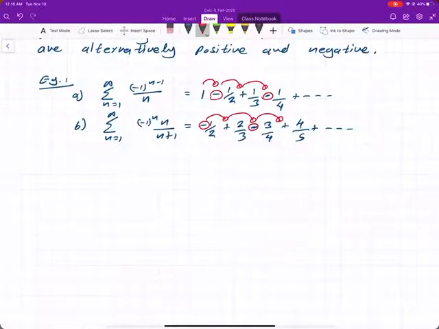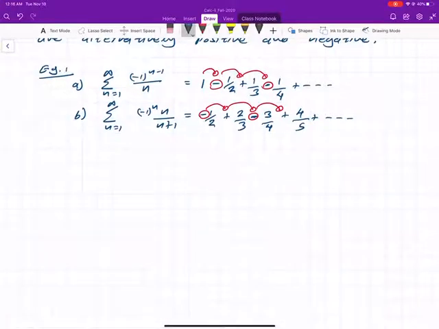The sign changes, so these are called alternating series. Now let's learn the theorem. This theorem is called the alternating series test.